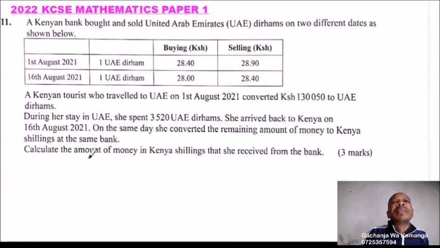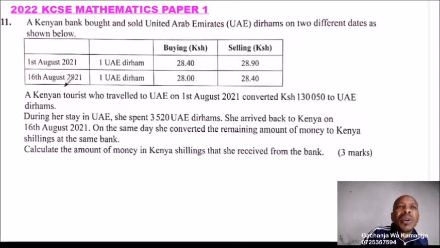2022 KCSE Mathematics Paper 1, question number 11. A Kenyan bank bought and sold United Arab Emirates (UAE) dirhams on 2 different dates as shown. On 1st August 2021, 1 UAE dirham, they were buying at 28 shillings 40 cents and selling at 28 shillings 90 cents.